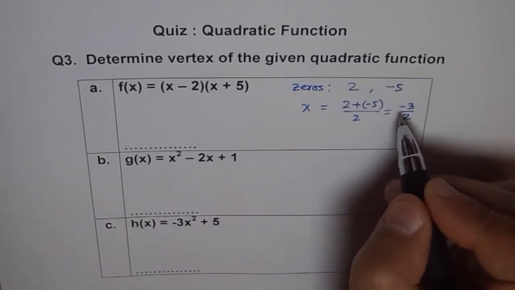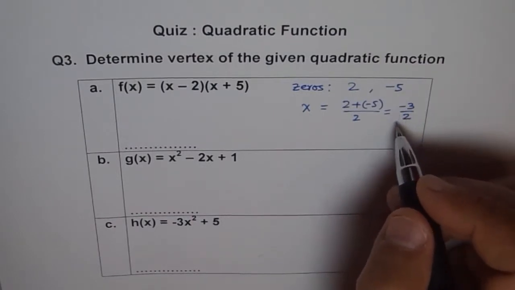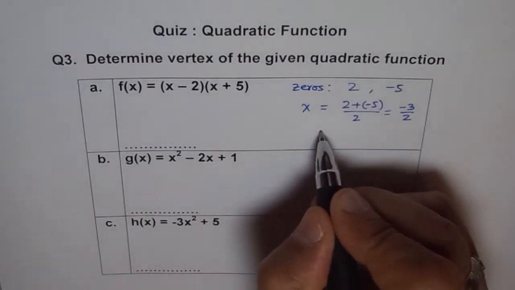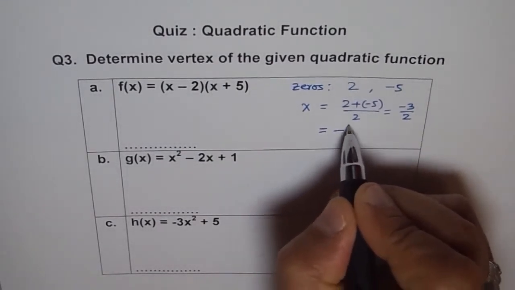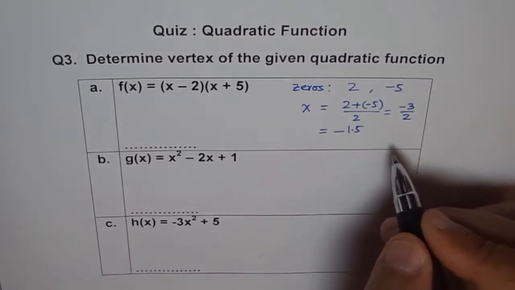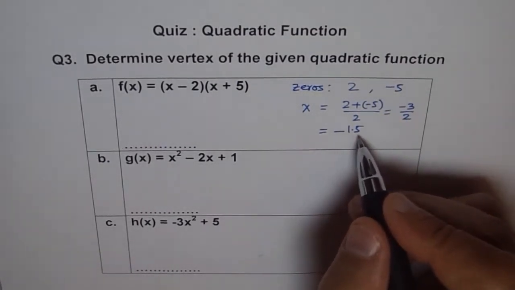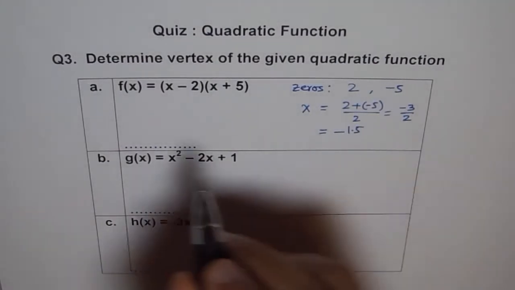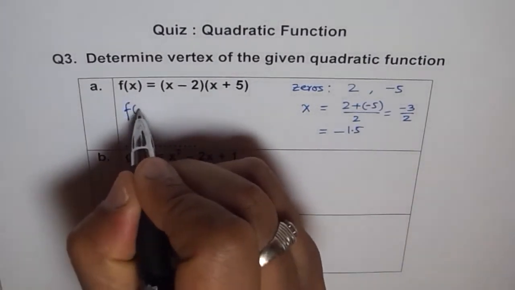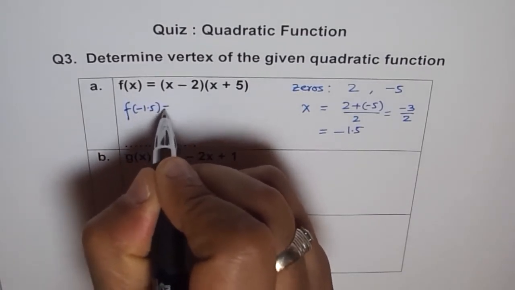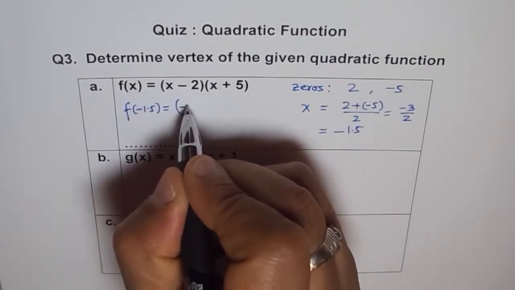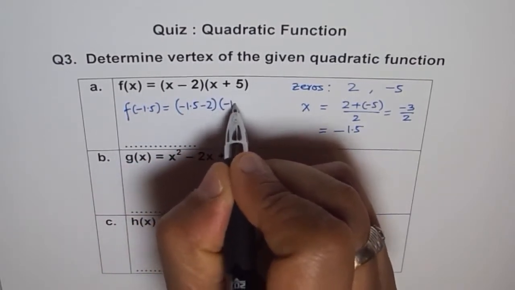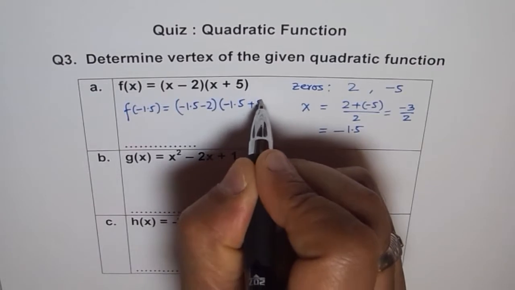Now, since we have x value as minus 3 over 2, we could write it in decimals also. We'll write this in decimals for easy calculations. It's minus 1.5. So we got x value as minus 1.5. Now, to find the y value, we can put minus 1.5 here and say f of minus 1.5 is equal to minus 1.5 minus 2 times minus 1.5 plus 5, right?